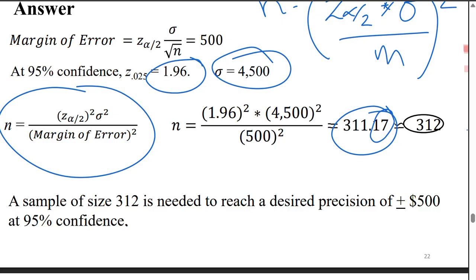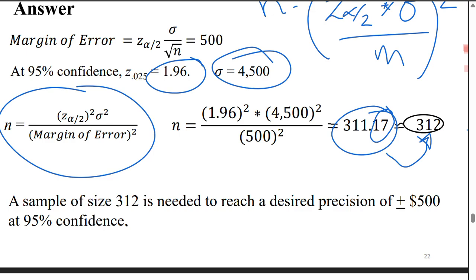Very important. We don't round down. When it comes to sample size calculation, we always want to go up. Why? Because we want large sample sizes. And so sample sizes, even when you get a decimal value, should always be rounded up to the whole number, the ceiling. We always round it up and not down.